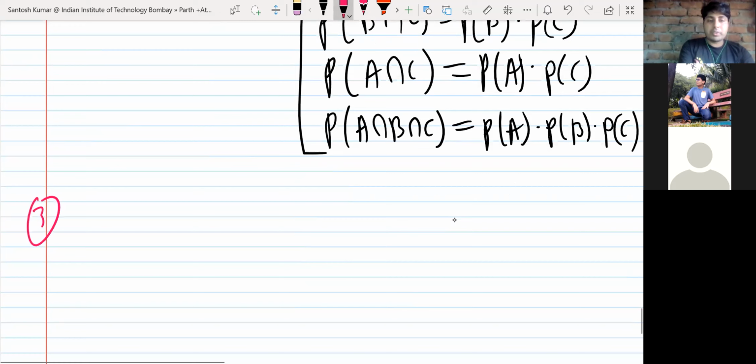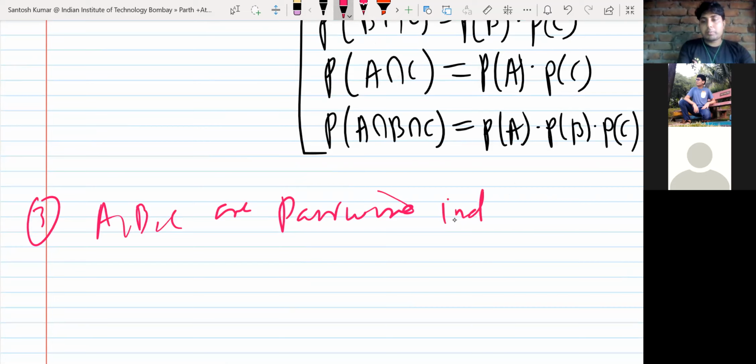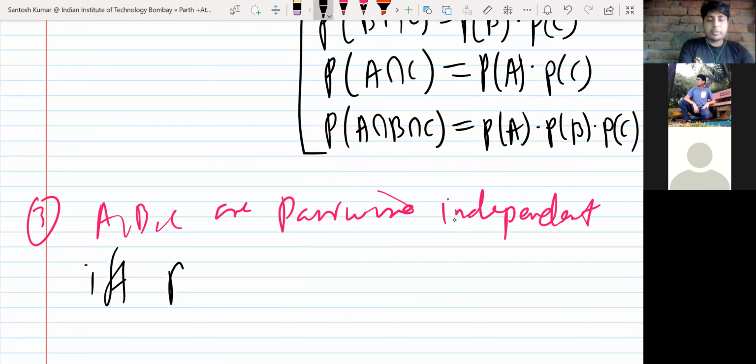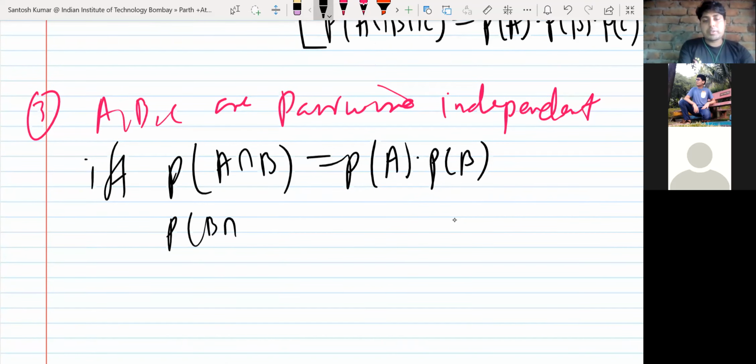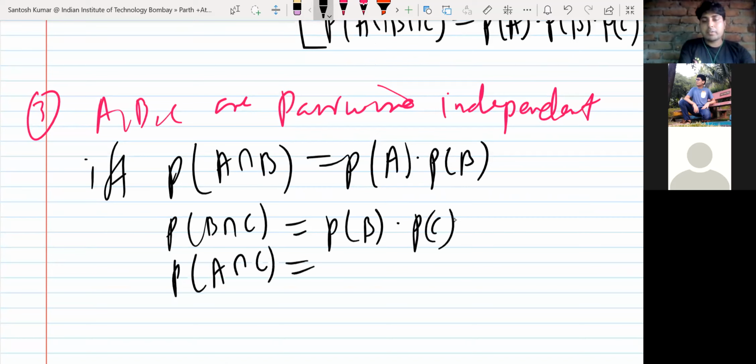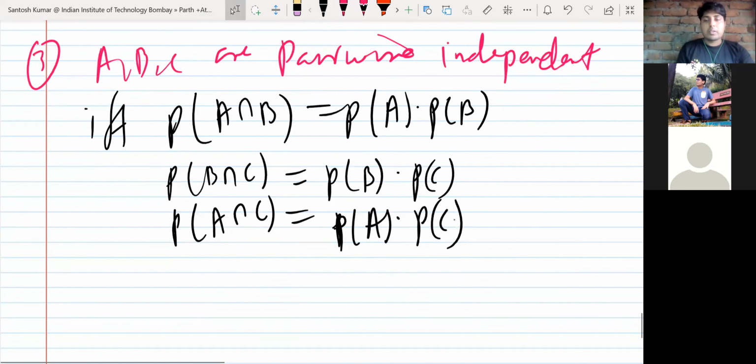But we use the word like this: A, B, C are pairwise independent if and only if you need pairwise independence. So probability of A intersection B is PA into PB, probability of B intersection C is PB into PC, and probability of A intersection C is PA into PC. So these three conditions are required for pairwise independence. Fine.